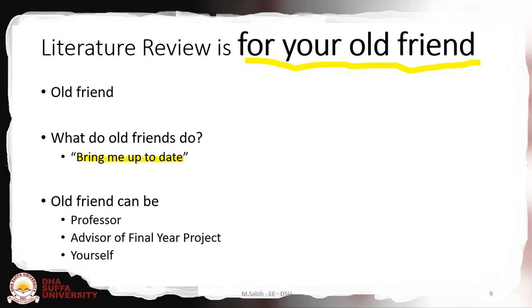In the case of a literature review, your friend can be your professor, your advisor, or yourself. So there is someone you are actually writing for, and you have to fulfill the needs requested by your professor, your advisor, or your own self. So a literature review is for your friend.